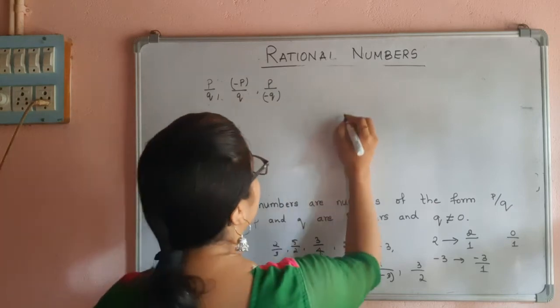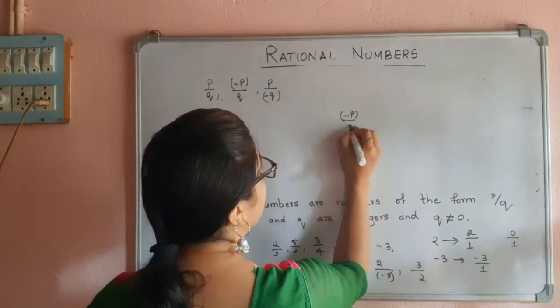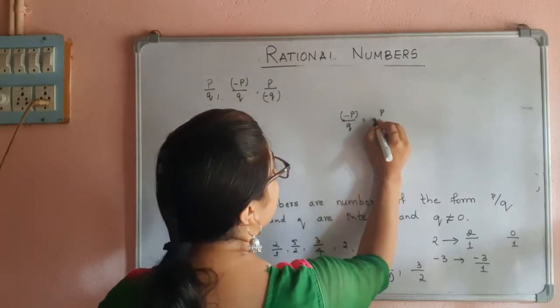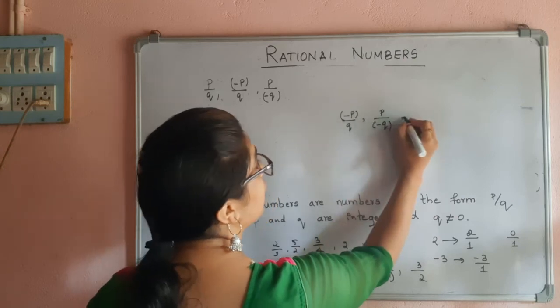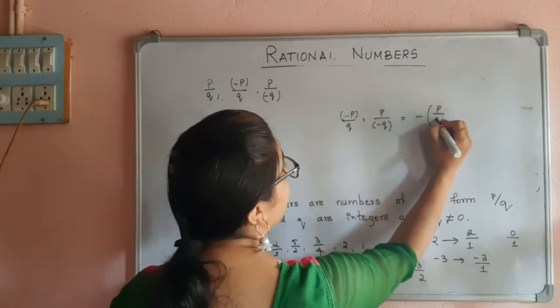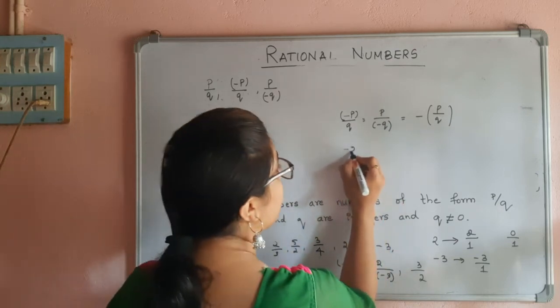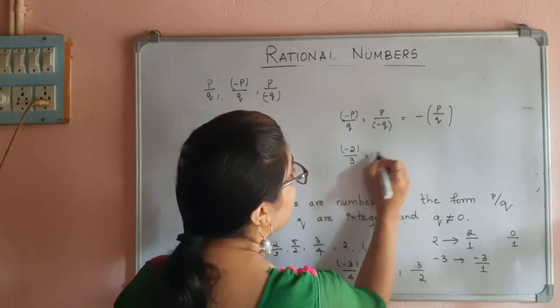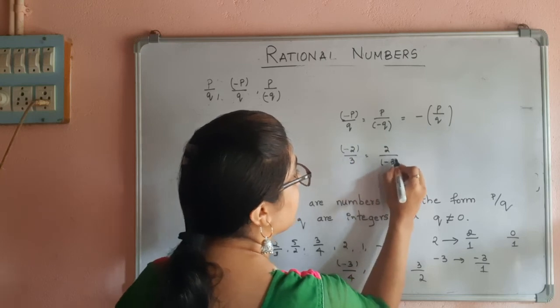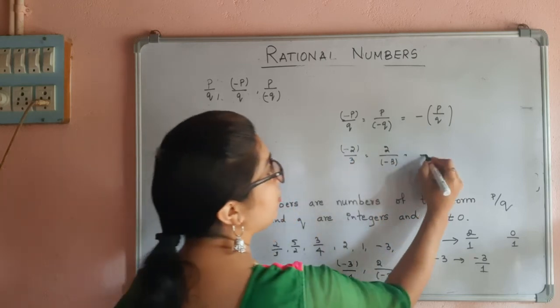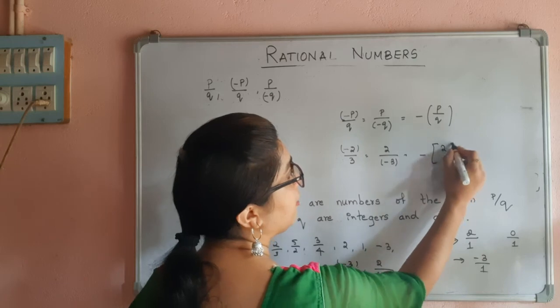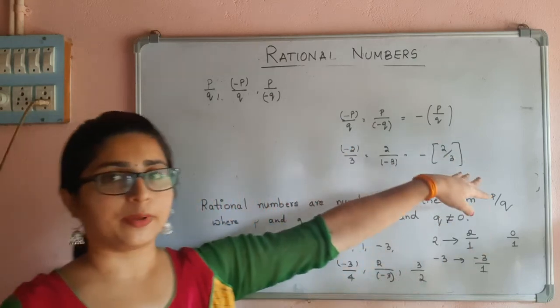And remember, -p divided by q is equal to p divided by -q, which is equal to -(p divided by q). Is this right? Because you can see -2 divided by 3, 2 divided by -3. I can take minus common and then write 2 divided by 3. So this is right.